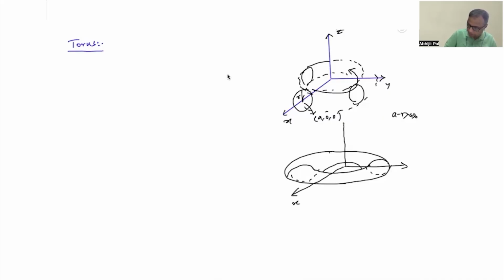Yeah, so this is my torus as a surface of revolution. So what I'm doing here, let me write. So what is my curve alpha of b?